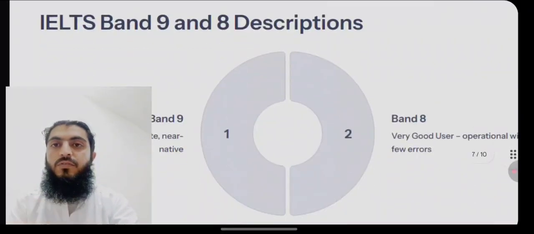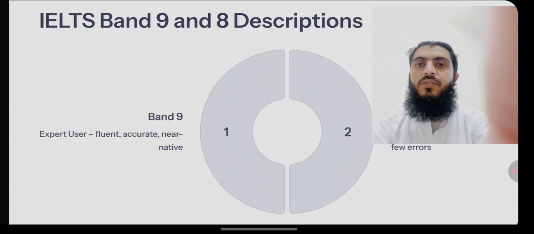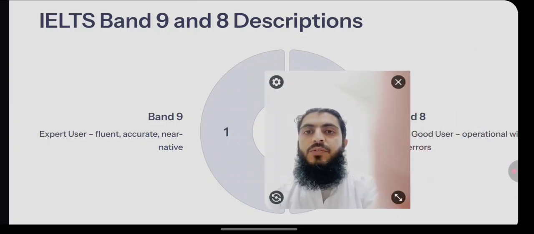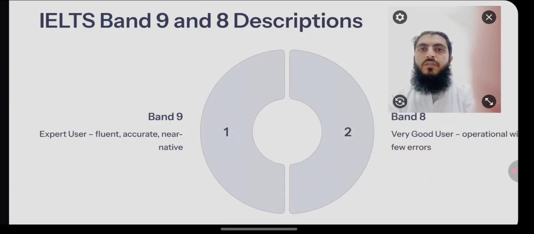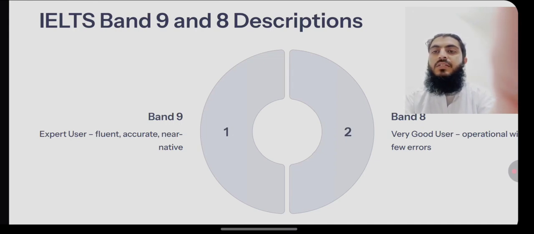I just want to give you a little description of the bands. A candidate with 9 bands is considered an expert user, which means he is fluent, accurate, near to a native English speaker.